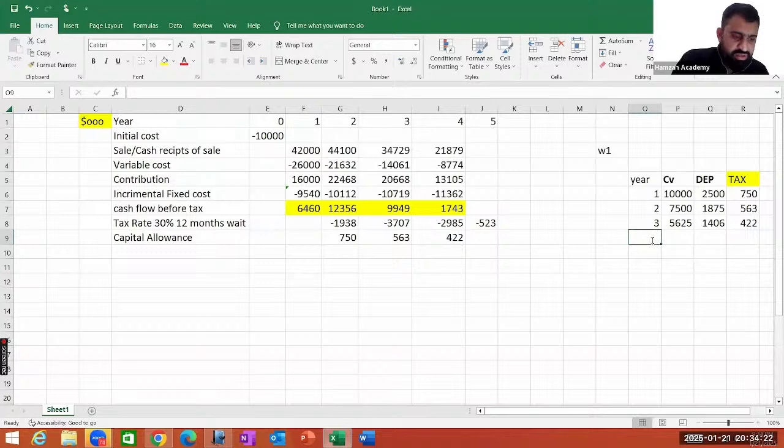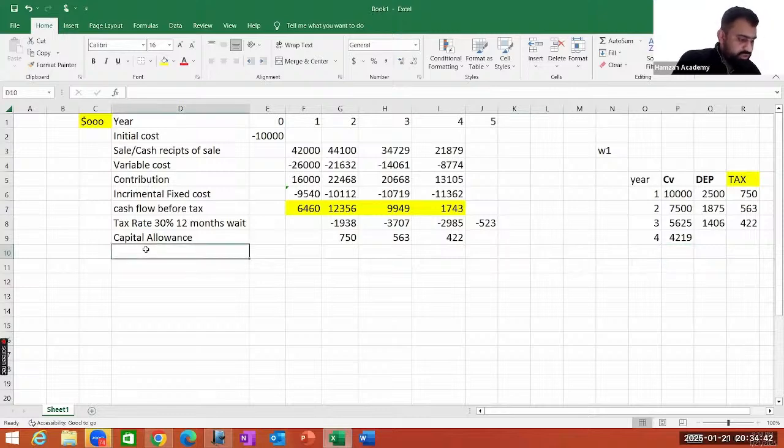Now in the fourth year, again, you will determine the carrying value, which is 4,219.